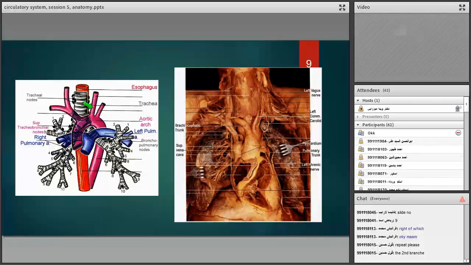The second branch is the left common carotid artery, and the third one is the left subclavian artery. These three branches are deriving from the aortic arch.